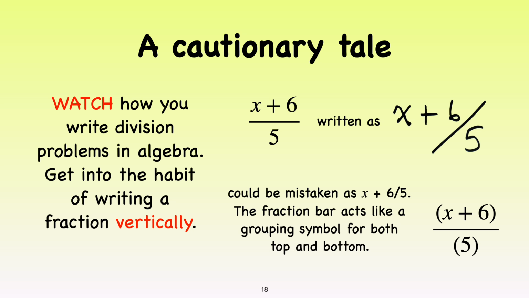So write them vertically so we understand what's on the top and what's on the bottom. We will stop using diagonal slashes to mean division. More on that in less than 7. Don't be ambiguous. Ambiguous, a word that means I'm not sure what you meant.